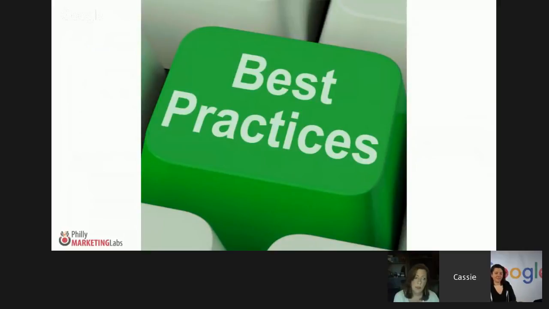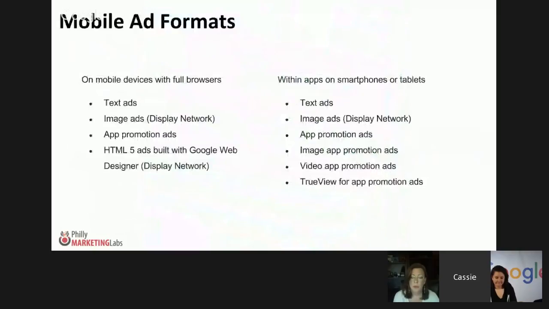So okay, getting into some best practices here on mobile ads. A little bit about mobile ad formats. They come in a variety of formats. On devices with full browsers, we could see text ads and image ads, but you'll only be able to use image ads when you're opted into the display network.